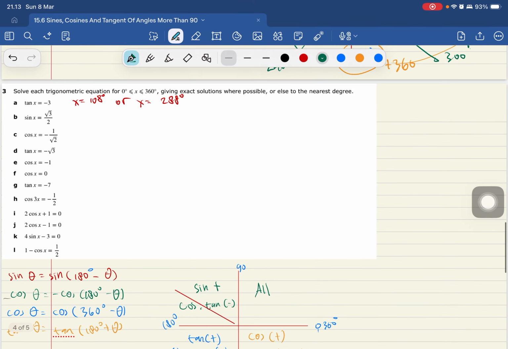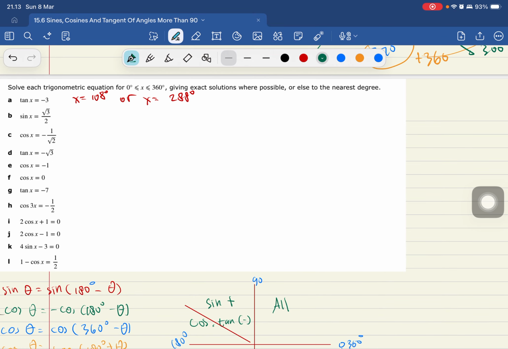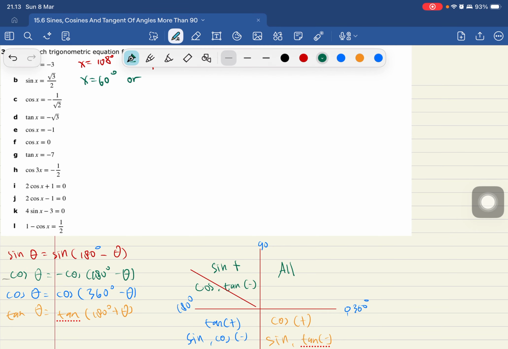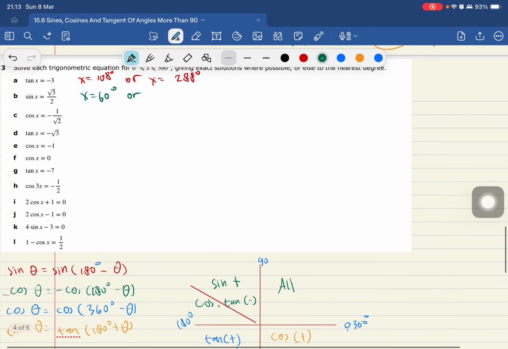Next, sine x equals square root of 3 over 2. So the first x is going to be 60 degrees. Or we use the first formula: 180 minus 60 degrees equals 120 degrees.